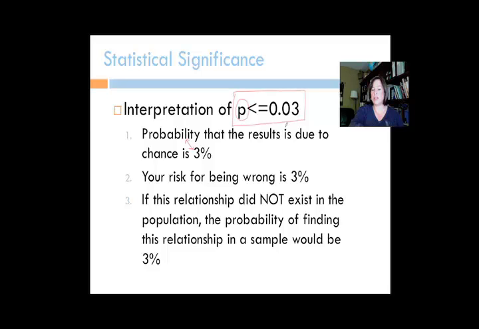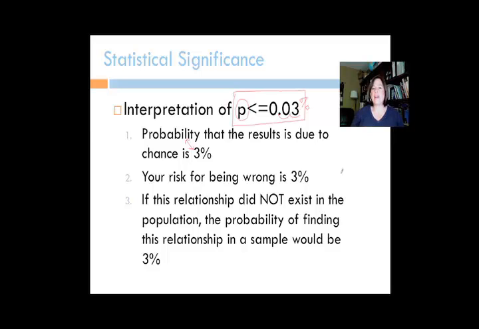In order to figure out this percent, just move the decimal place over 2 points, 3%. That's how you find the percentage of the probability. So the way to interpret this is the probability that the results are due to chance is 3%. That's pretty low.